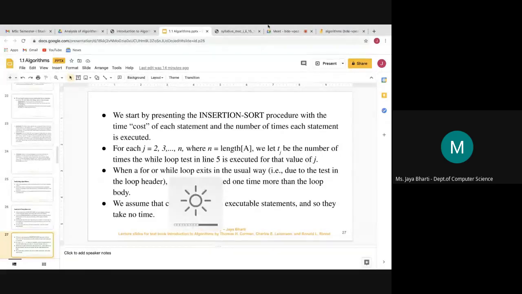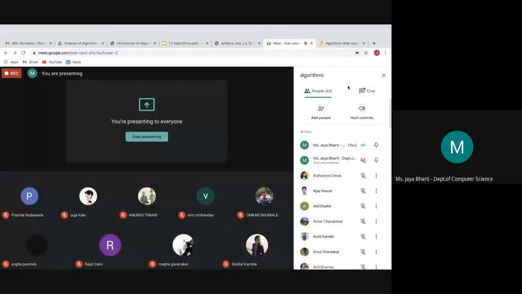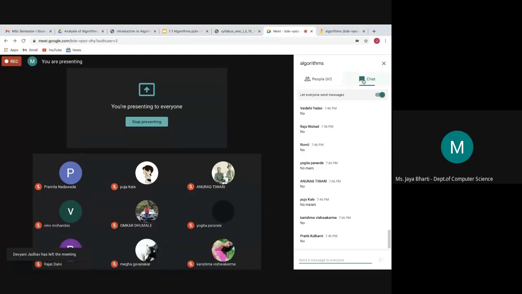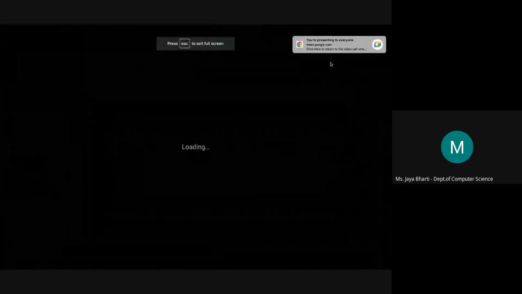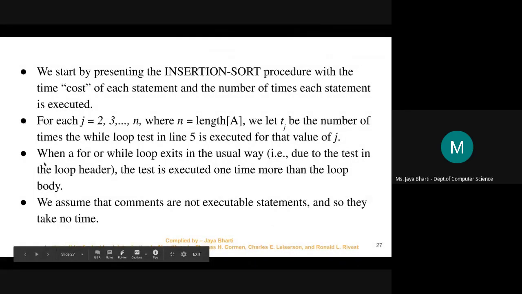Now we need to identify the cost of each step. So tj is the number of times the while loop test in line 5 is executed for the value of j. When a for or while loop exits in the usual way, we all know that any loop will be executed one more time for the false condition.